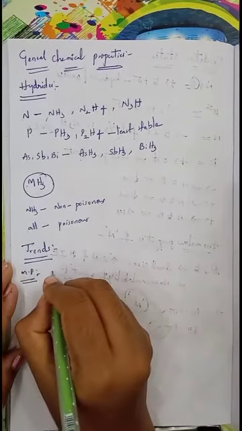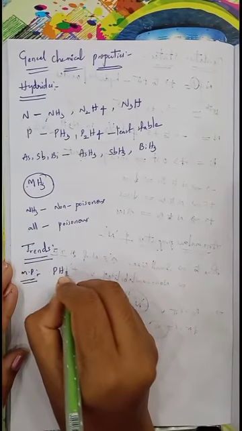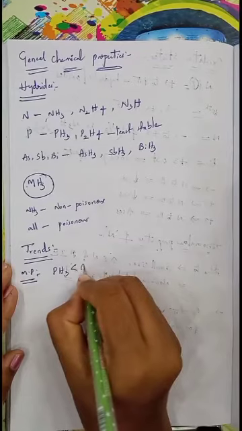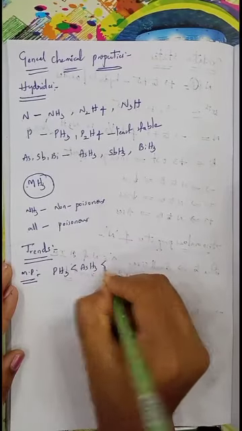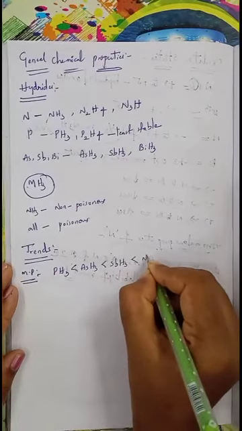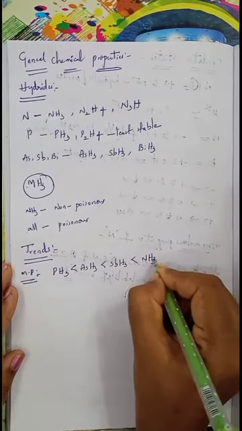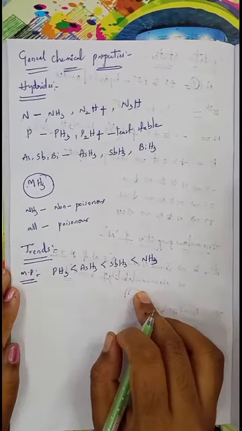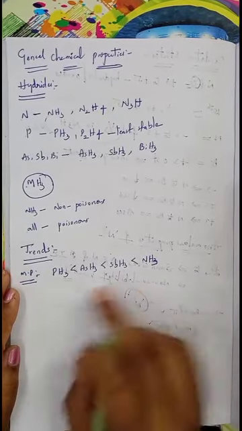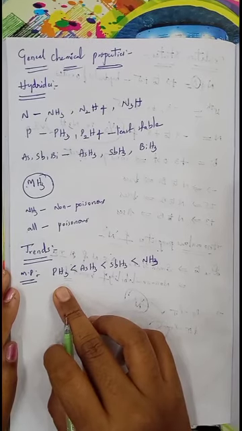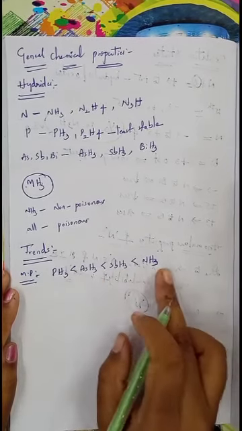The melting point of phosphine PH3 is less than arsine, which is less than stibine, which is less than ammonia. Among all, phosphine has the least melting point.